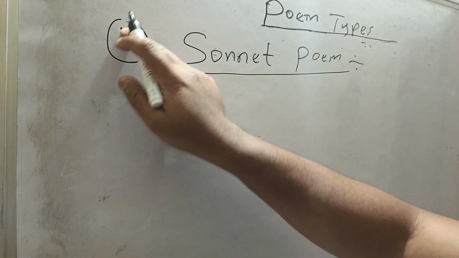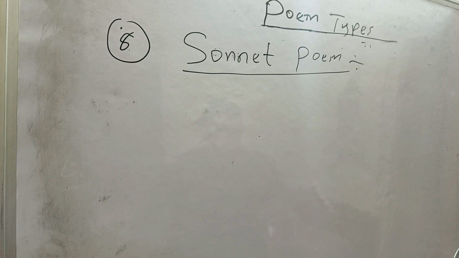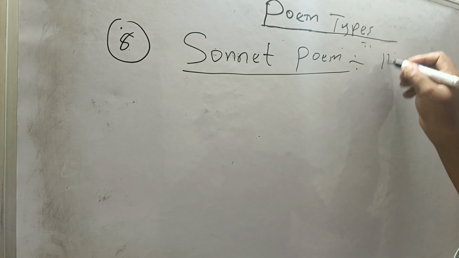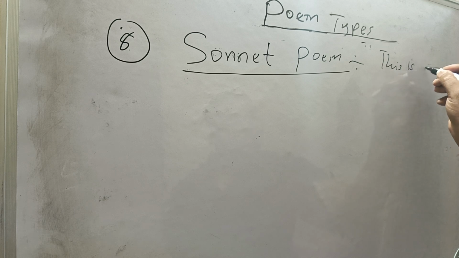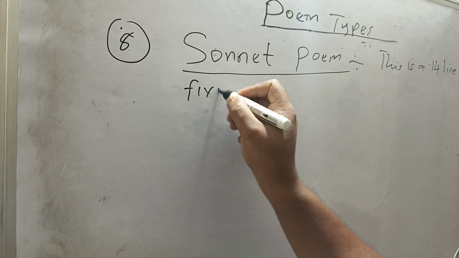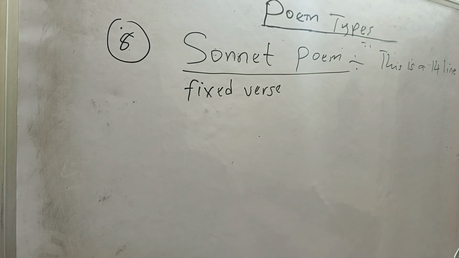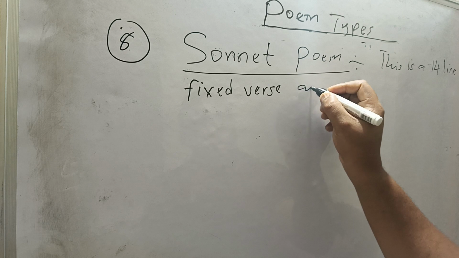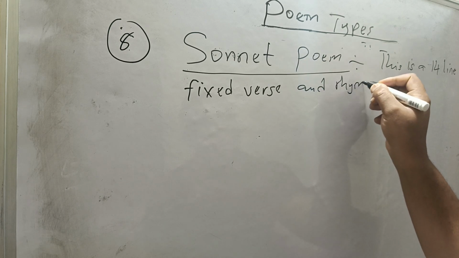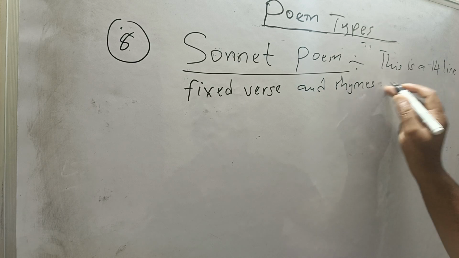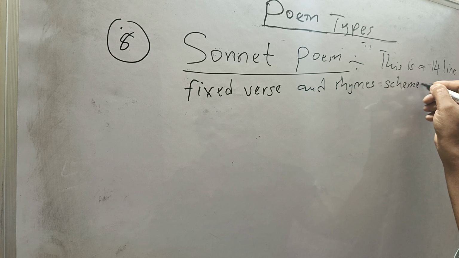So this is number 8. It's a 14-line fixed verse. Then and what? Rhyme and rhyme schemes.